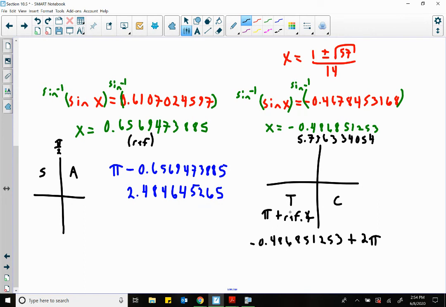So to figure out this information over here, all I have to do is take pi plus that number, knocking off the negative because that will be the reference angle. If you really wanted to find the reference angle here, you would take 2 pi minus your angle in quadrant 4, which is that guy. If I take 2 pi minus that angle, I get the positive version of that, just so you know. That's to help you find the reference angle.